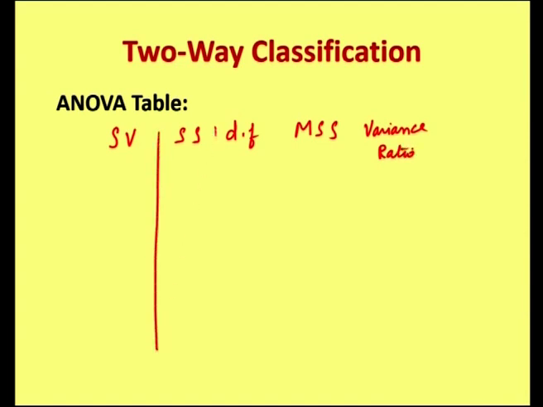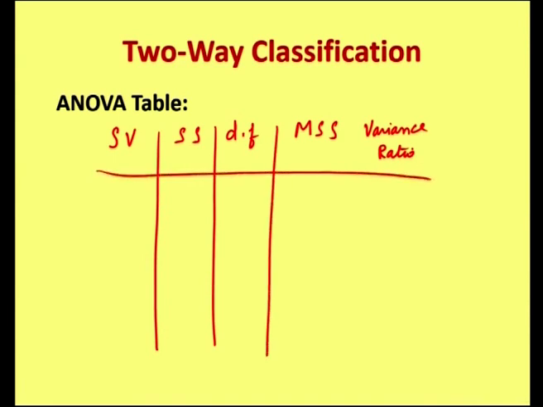So, under sources of variation we have 2 factors: treatments and varieties, also the error component, and altogether we have total.